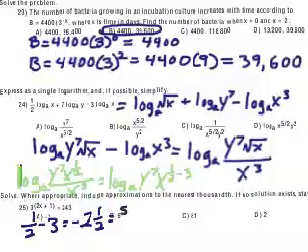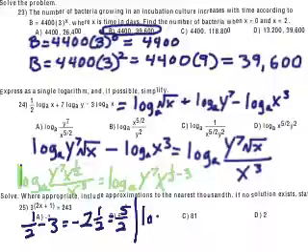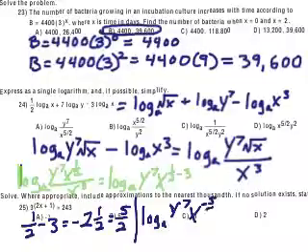So that becomes 5/2, right? So what we've got now is log base a y to the 7th power x to the negative 5/2.